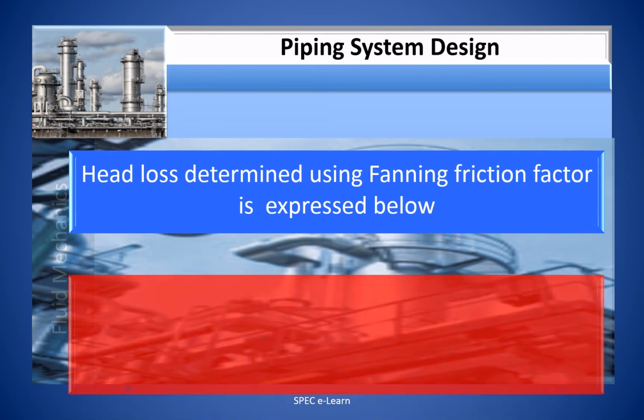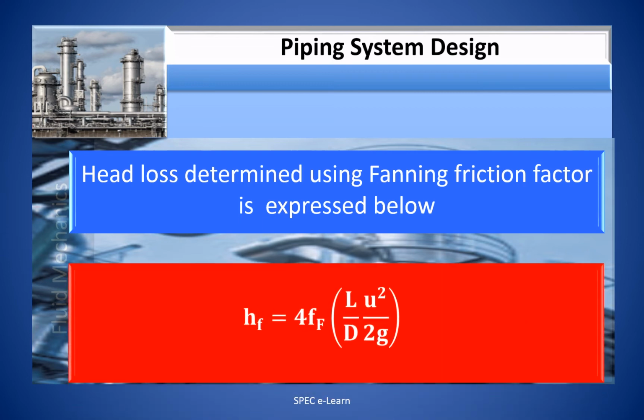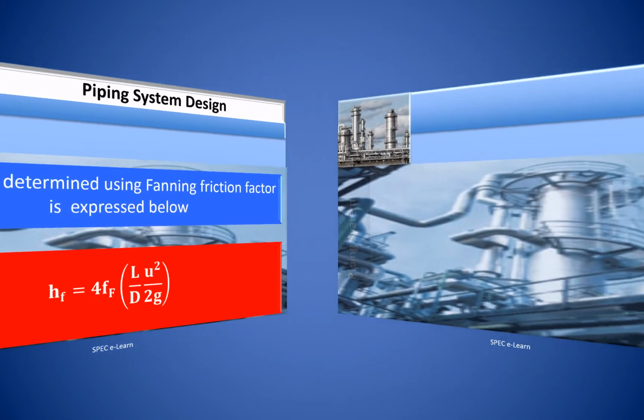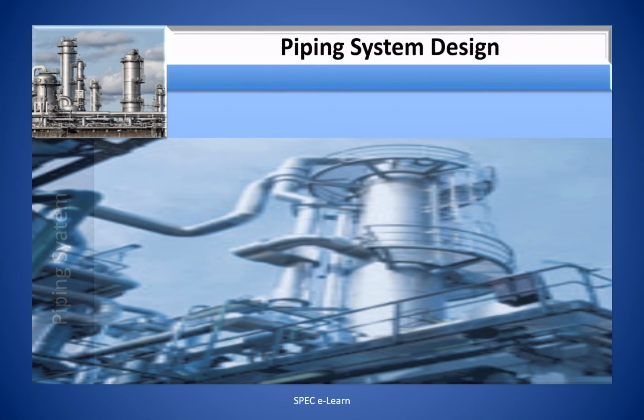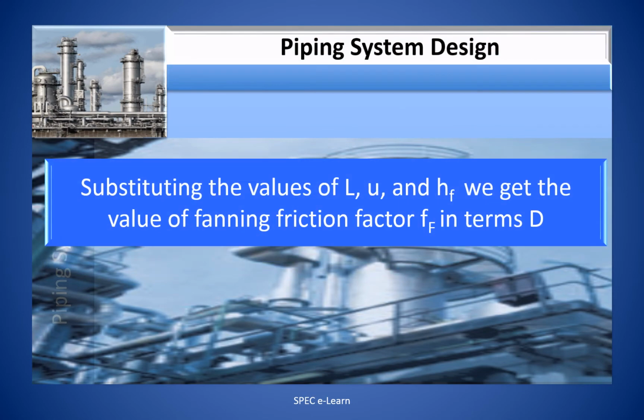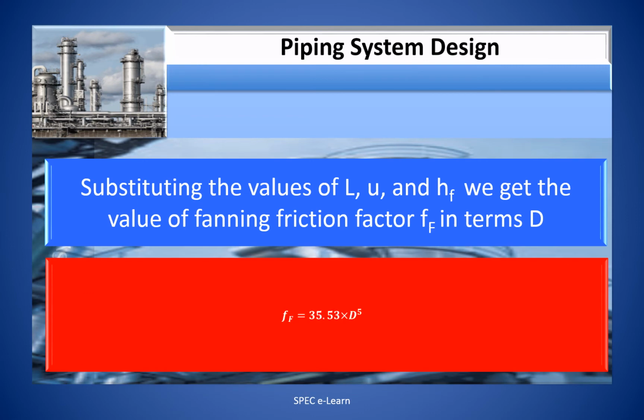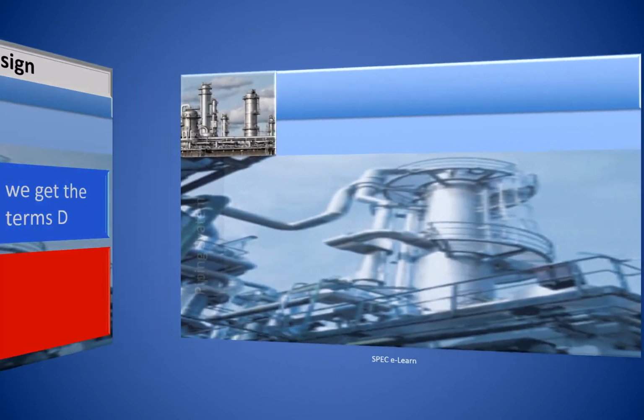HF equal to 4 times FF times L by D times U squared by 2G. Substituting the values of L, U and HF, we get the value of Fanning friction factor FF in terms of D. FF equal to 35.53 times D to the power 5.